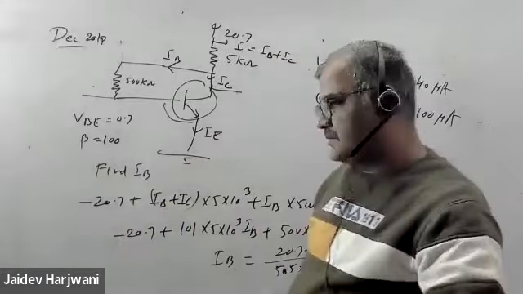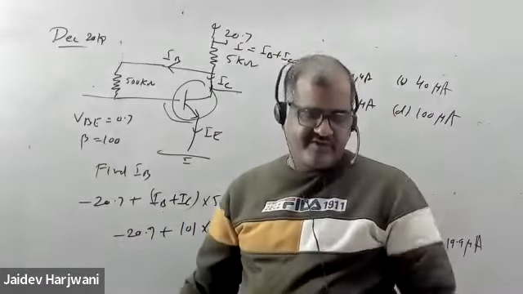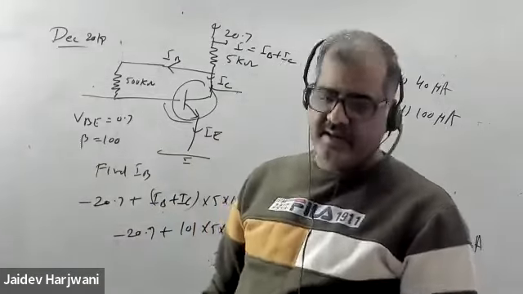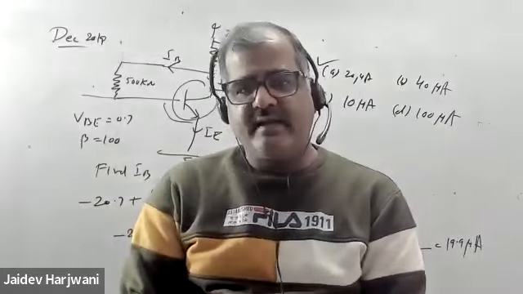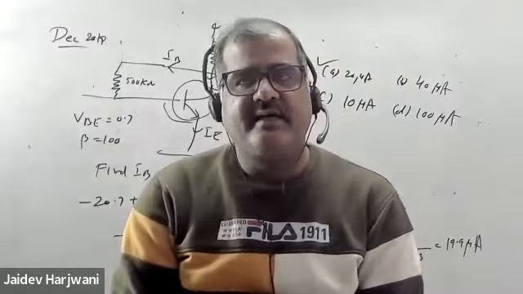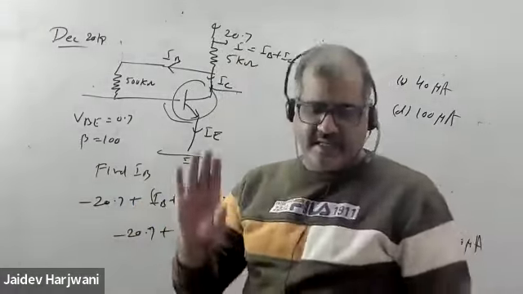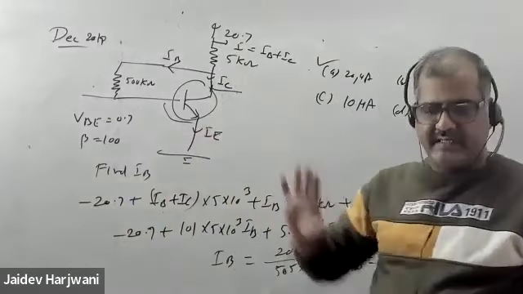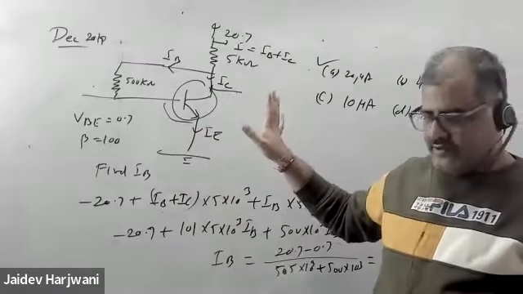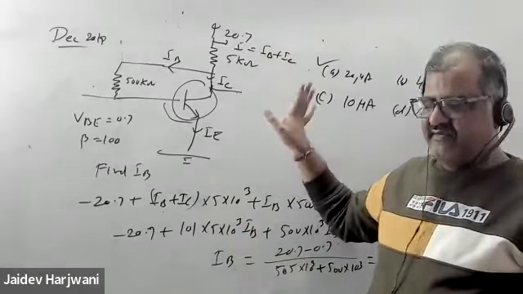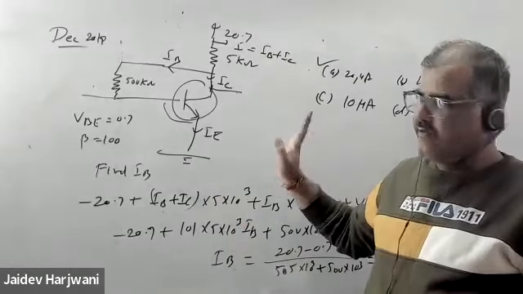Now, we have finished transistor. Only one part of the transistor remains, that is the amplifier. We call it the AC amplifier, or AC analysis of transistor. I will do the AC analysis at the last. After we have almost finished here, I will do 1 or 2 more problems of transistor.